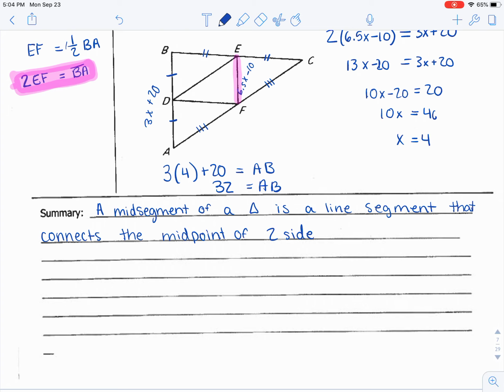That's what a midsegment is. Now, what are its properties?